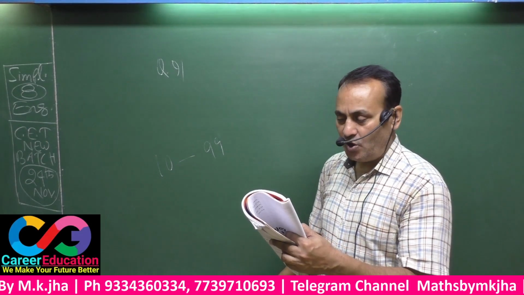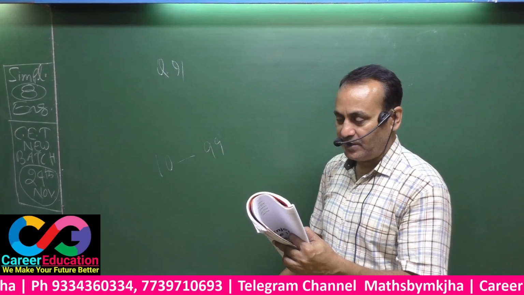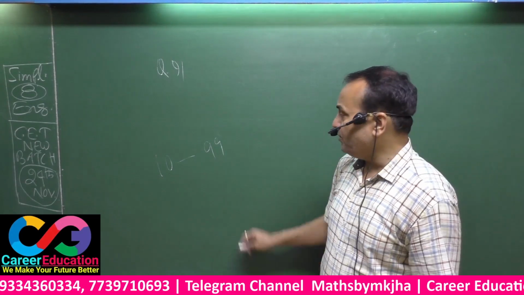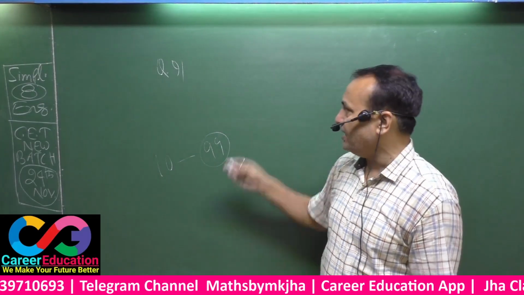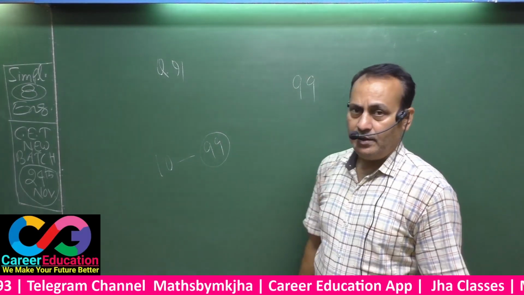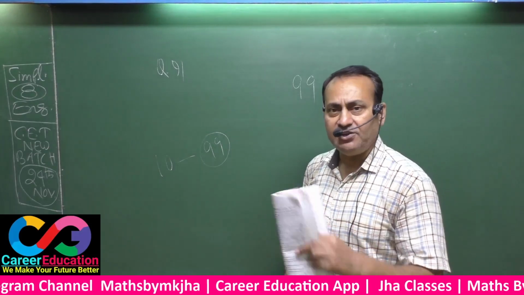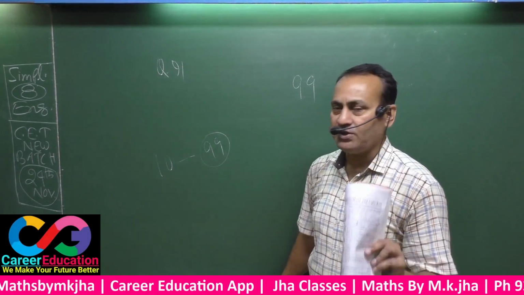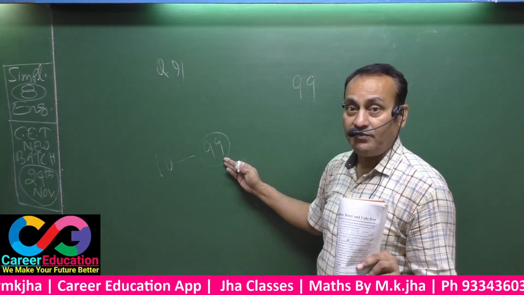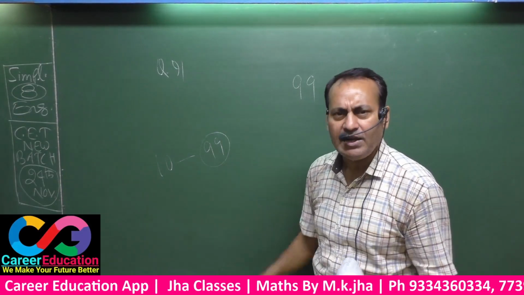The question is, which is the greatest two-digit perfect square number? The biggest number of two digits is 99. You will have to check whether 99 is a perfect square number or not. If 99 is a perfect square number, this being the biggest two-digit number, certainly this will be your answer.